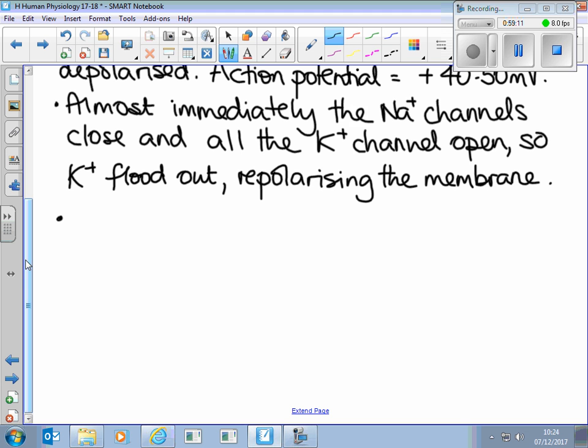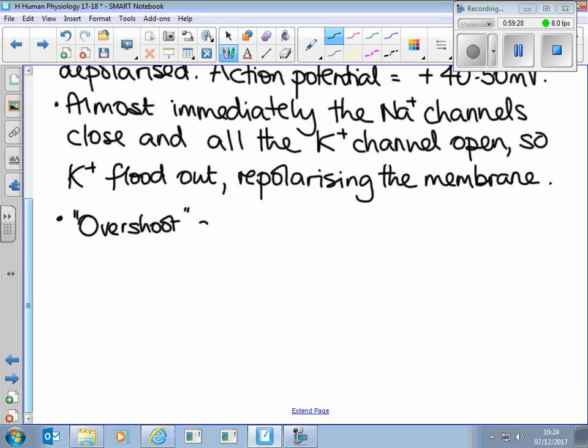So we get an overshoot that we describe as hyperpolarization at this point. I can't think of a better word, so I always put it in quotes, because overshoot is not really perhaps the correct way of saying it.